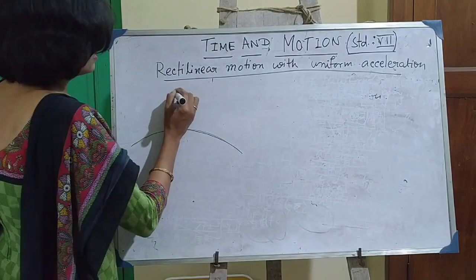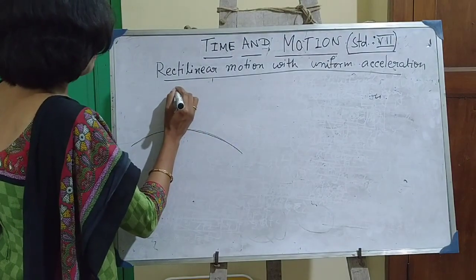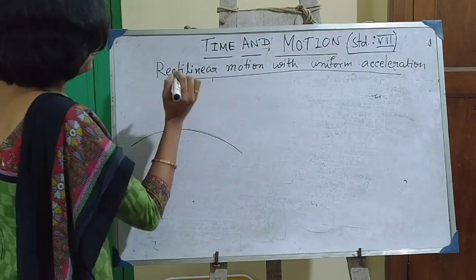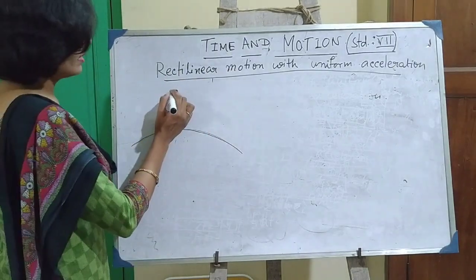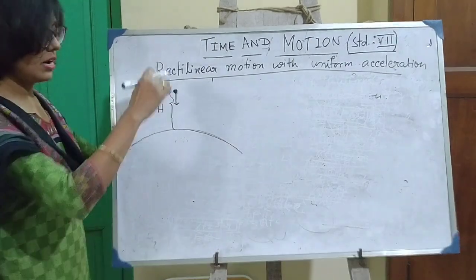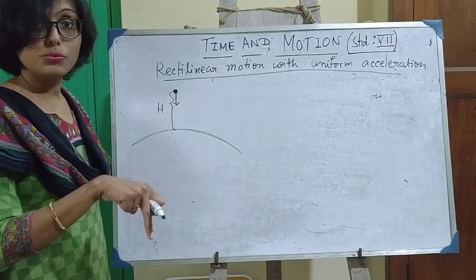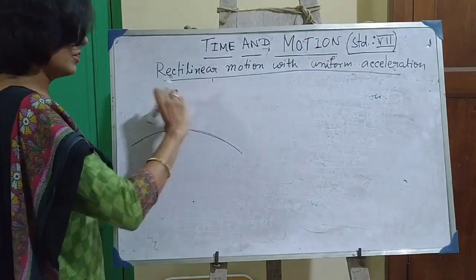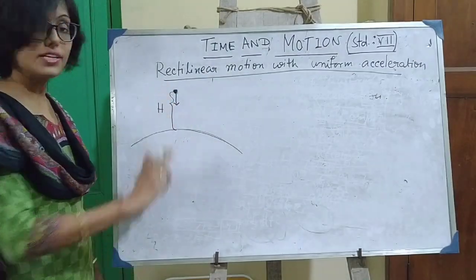Consider a body of finite mass freely falling from a height h in the vertically downward direction. So definitely the body is moving in a straight line.